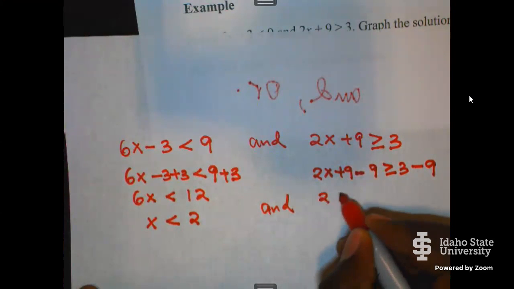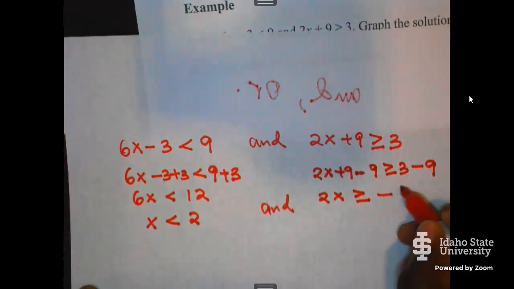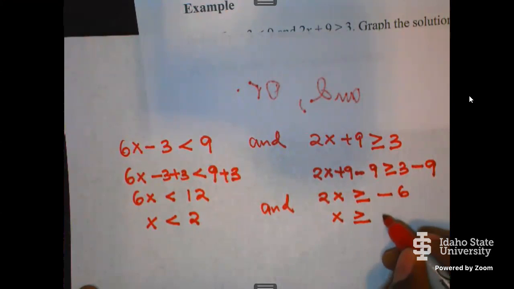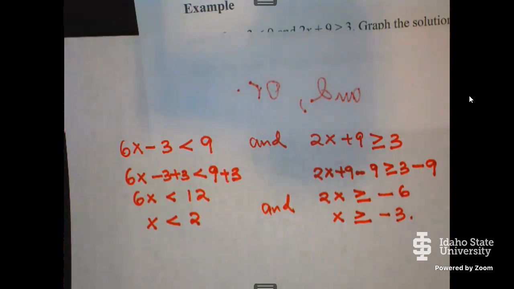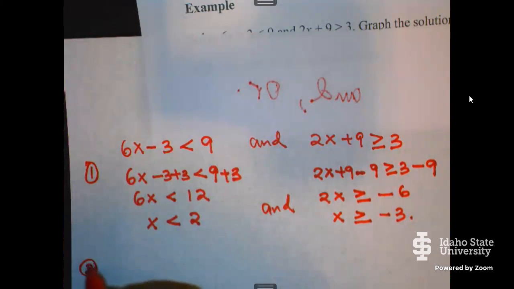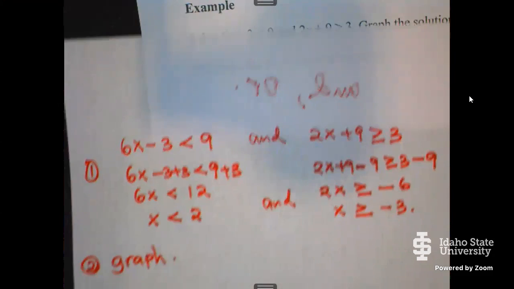So here 2x is greater or equals to 3 minus 9, which is negative 6. So x is greater or equals to negative 3. That one is the first step. The next one is now you draw the graph for each one of them.